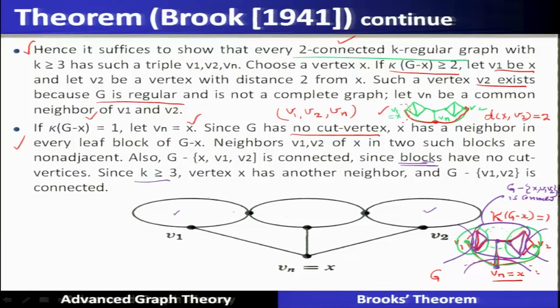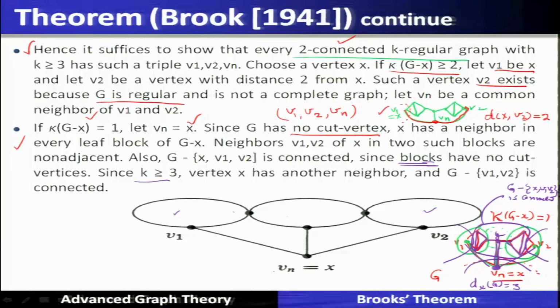So that means if x is included, and only V1 and V2 are removed, then x will also have a connection with a node, let us say y, because the degree of x in this particular graph is equal to 3. So this is one neighbor with V1, another neighbor with V2, so x is also connected.